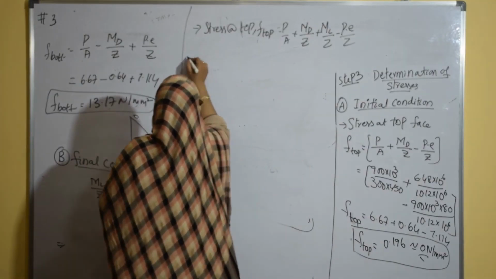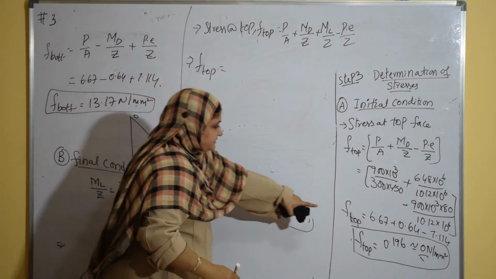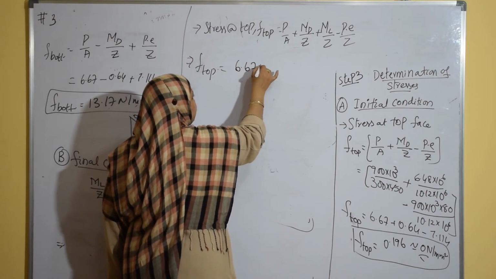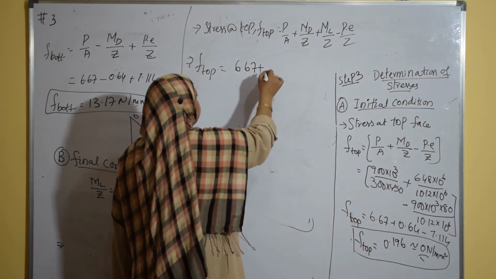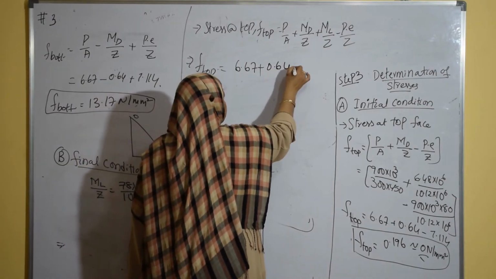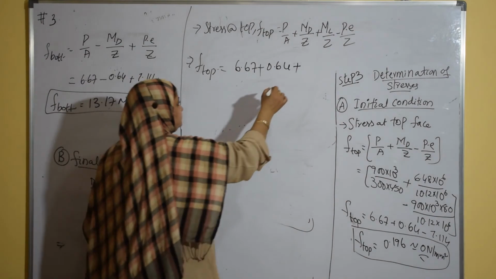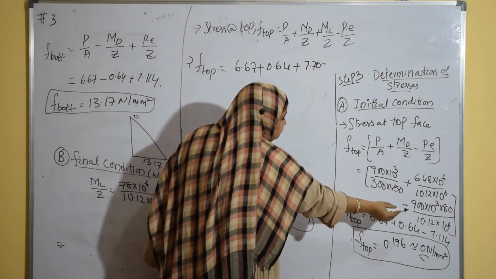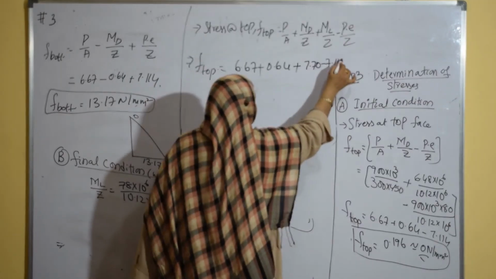So F top is equal to, P by A is 6.67 plus dead load MD by Z is 0.64 plus live load, just now calculated, 7.70 minus PE by Z 7.114.